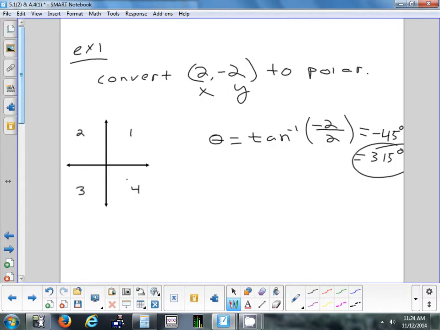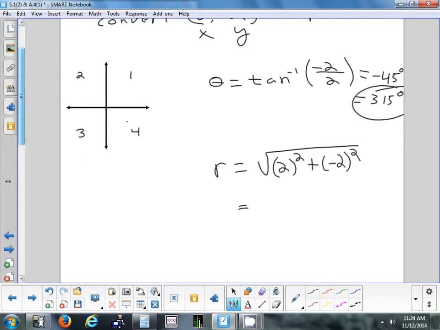Okay, and lastly, let's find the radius. So r equals the square root of 2 squared plus -2 squared. Okay, Naisha, what's 2 squared? 4? How about -2 squared?